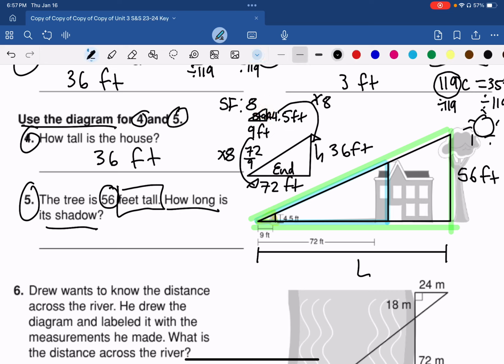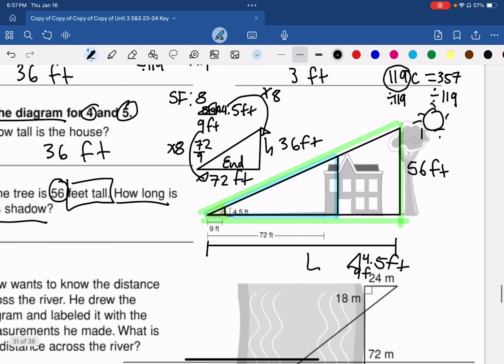I'm just going to compare it to the bush because it's easier to draw that one down here. 4.5 and 9, right? So then if I want to compare 4.5 and 56, I know that I want to go from 9 to L, so I want to go from 4.5 to 56.